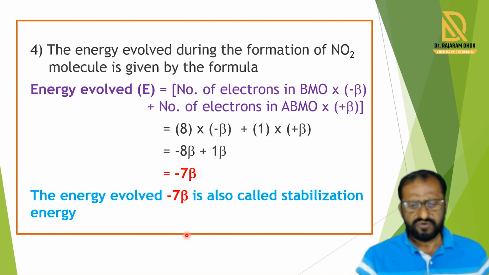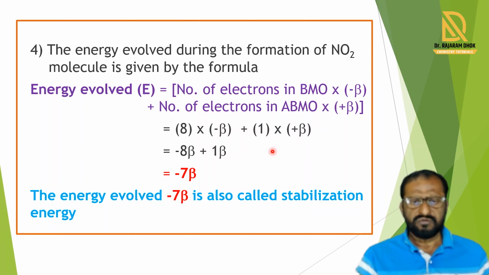In the formation of the NO2 molecule, the energy evolved is calculated by a simple formula: energy evolved E is equal to the number of electrons in bonding molecular orbitals into minus beta plus the number of electrons in anti-bonding molecular orbitals into plus beta. In the NO2 molecule, 8 electrons are present in the bonding molecular orbitals, multiplied by minus beta. 1 electron is present in the anti-bonding molecular orbital, multiplied by plus beta.